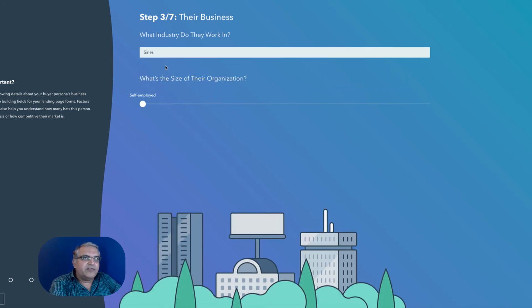She's just starting off in a sales job, could be. Someone below 18 normally will not, but this is for the sake of giving you a demo. The person is self-employed or working with fewer than 10 people, or if it's a student, then you will target their parents. So this would be one area. So the parents are working in a company of 11 to 50 employees.